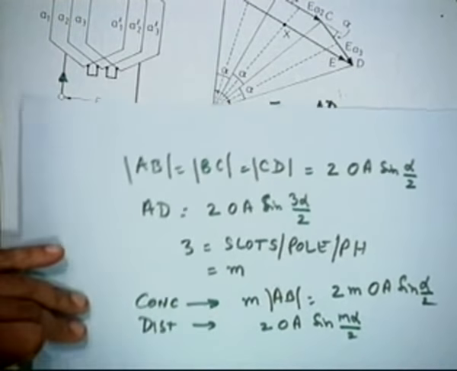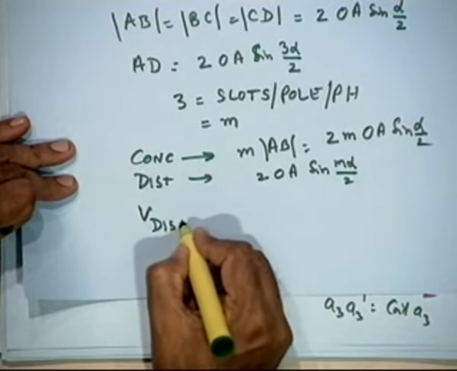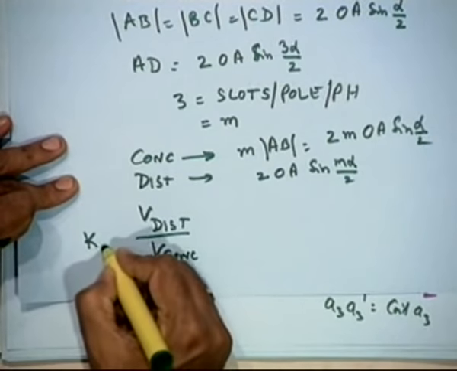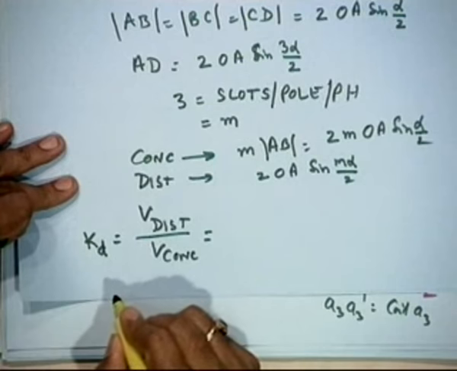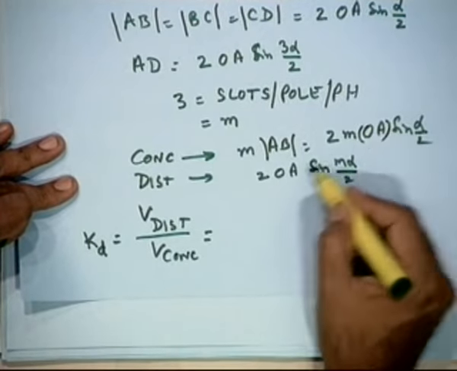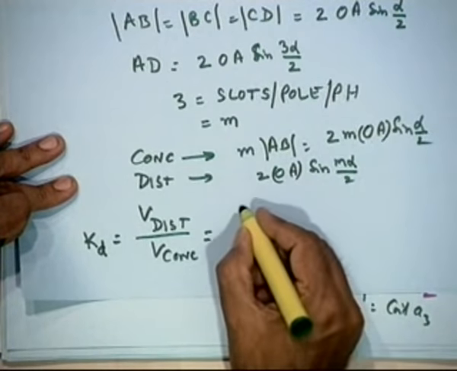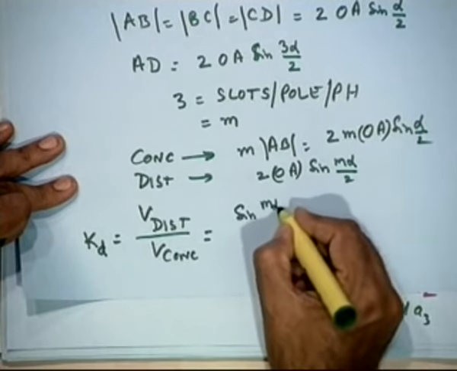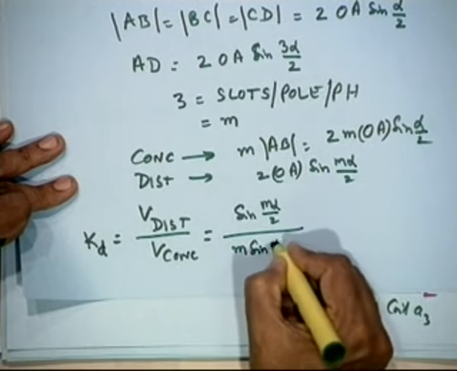If we define the voltage distributed over the voltage concentrated, we will call it KD. Now, what will be the ratio? The twice OA will get cancelled. It will be sin M alpha by 2 over M sin alpha by 2.